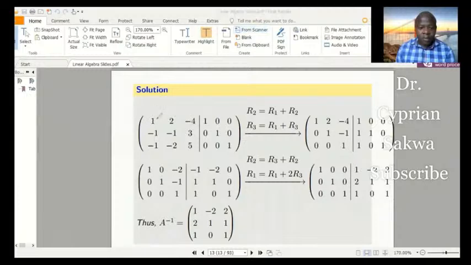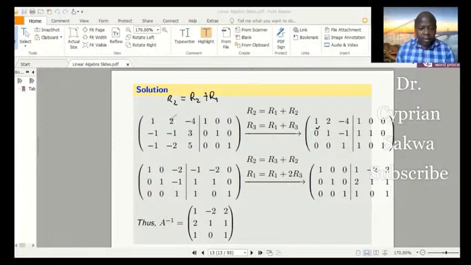I have this element here, this element 1. I want to use it to have zeros elsewhere in the column, so that this 1 is the only non-zero element in column 1. So I want a 0 here, another 0 here. To get the new row 2, I'll take the current row 2 and add row 1 to it. Row 1 remains where it is. Add row 1 to row 2, you have a 0 here.